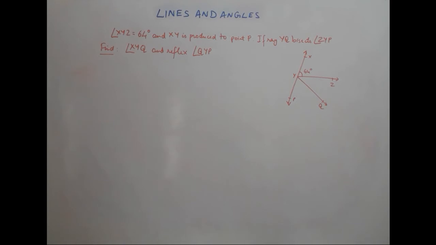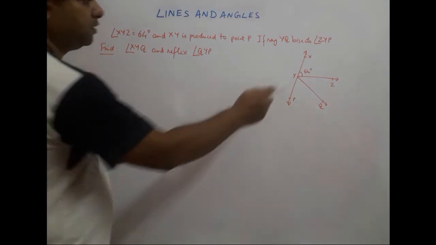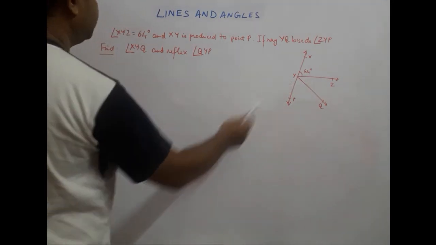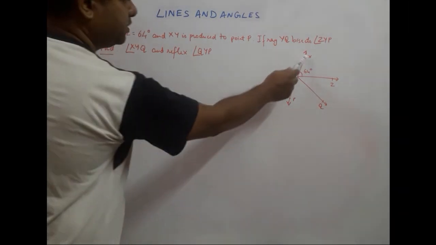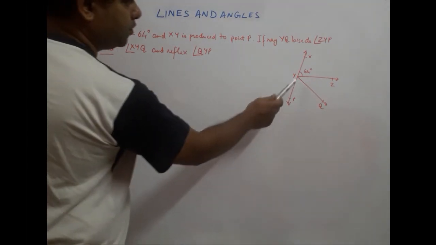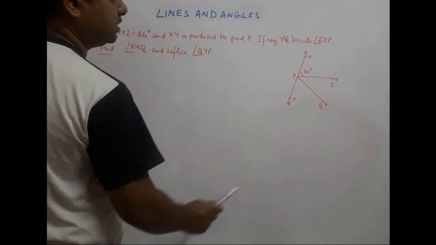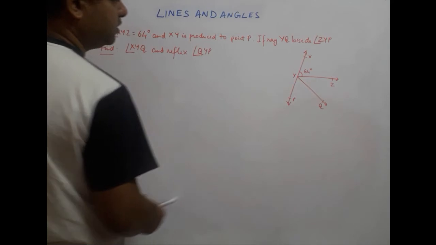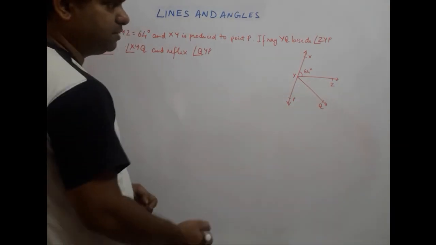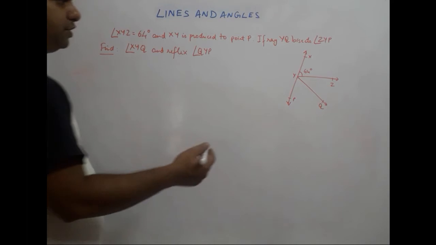Understood? Our next problem is: angle XYZ is equal to 64 degrees. XY is produced to point P. If ray YQ bisects angle ZYP, and if it says bisect, that means it divides the angle into 2 equal parts.